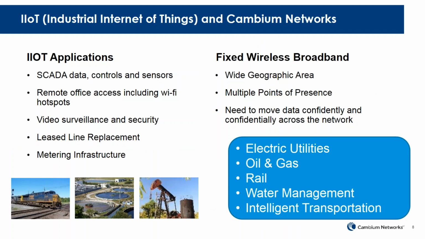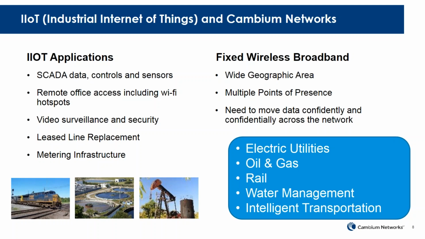So when we look at industrial IoT, we're really looking at these types of applications. The one I've just been talking about, you can also imagine each of those remote areas having a Wi-Fi hotspot so that the worker out in that area can get on the Wi-Fi and get back to their home office to check their email or look up blueprints or drawings, any information they might want to pull out of the internet or their corporate environment.